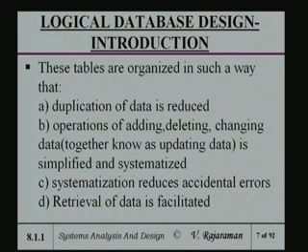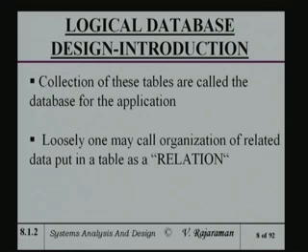The tables are organized in such a way that duplication is reduced, and the operations of adding, deleting, changing data are simplified and systematized. Of course, the systematization reduces accidental errors. Retrieval of data is facilitated, just repeating what I said. So, a collection of these tables is called a database for the application. Loosely, one may call an organization of related data items put into a table a relation.